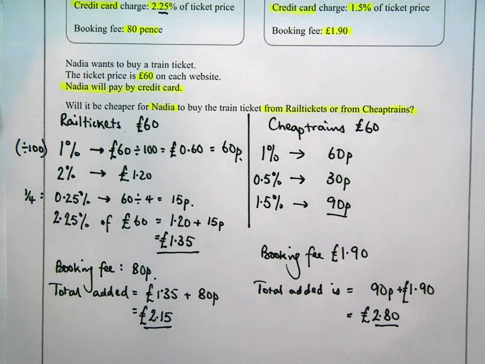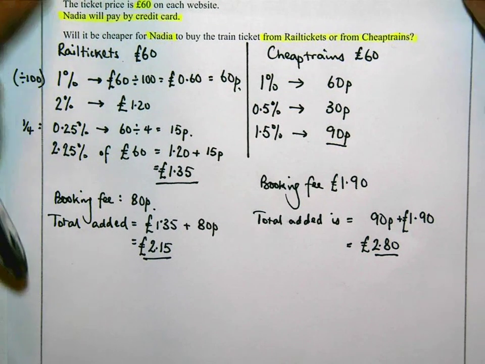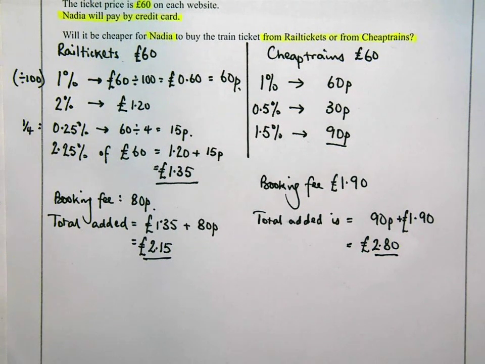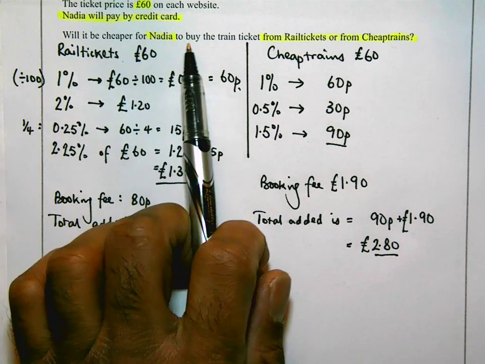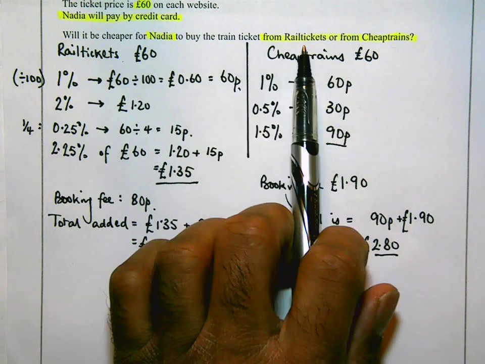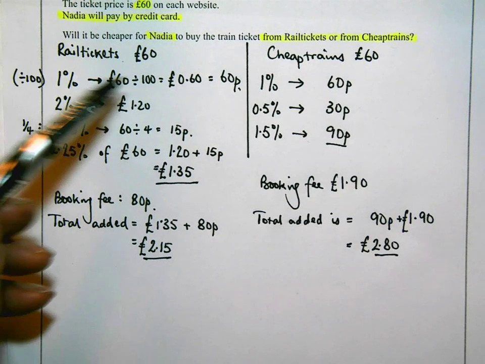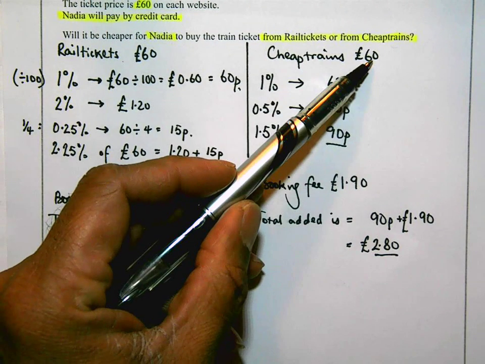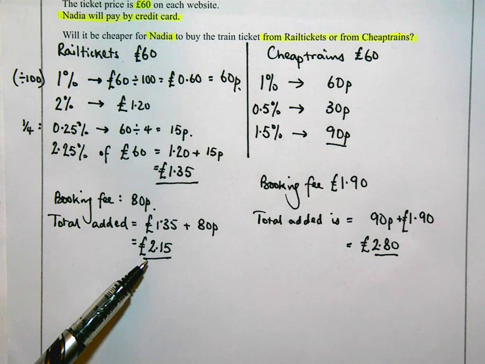Everything there is clear. The question said, will it be cheaper for Nadia to buy the train ticket from rail tickets or cheap trains? Well, she's going to pay £60 for the ticket on both websites. But on rail tickets, the extra charge is going to be £2.15. On cheap trains, the extra charge is going to be £2.80.